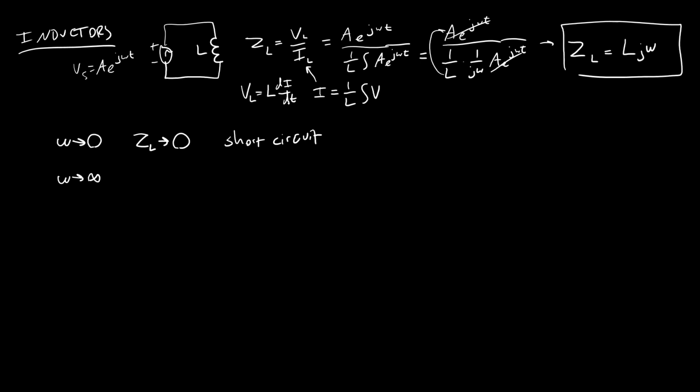If the derivative of the current is 0, then the voltage drop across the inductor is 0, so it acts like a short circuit. But as the frequency approaches infinity, the impedance of the inductor is also going to approach infinity. So there it is going to act like an open circuit.